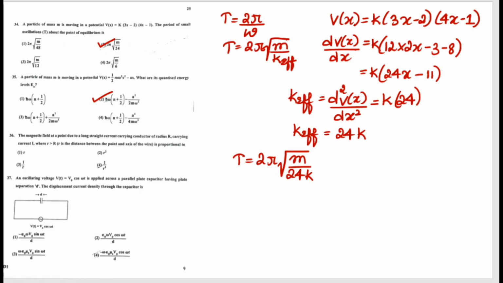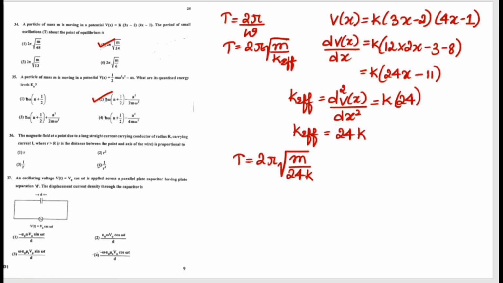Yes, using Ampere's law, that is the integral of B vector dot dl vector is equal to mu naught into I. For this, read the question again, it will be clear. The magnetic field at a point due to a long straight current carrying conductor of radius r carrying current I. How the magnetic field is proportional to I, I need to find, right?